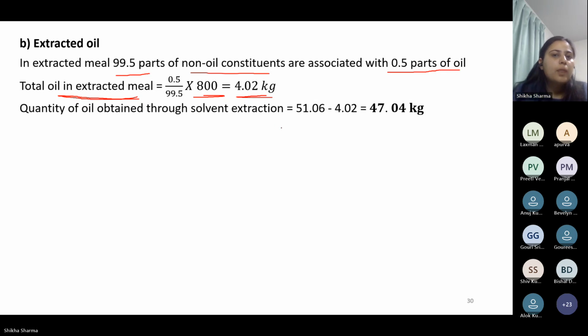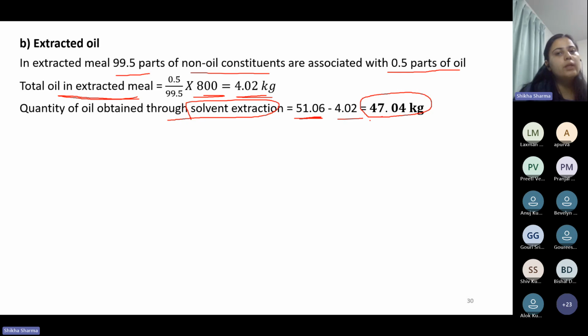The oil that goes into the solvent extraction is 51.06 kg, and in the final meal we have 4.02 kg of oil. So 51.06 minus 4.02 is equal to 47.04 kg of oil extracted using solvent extraction.